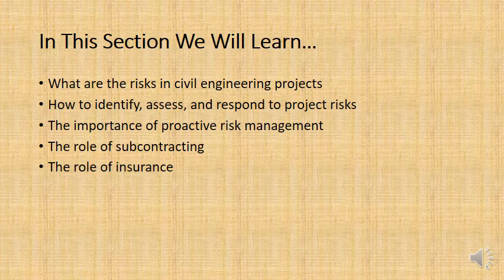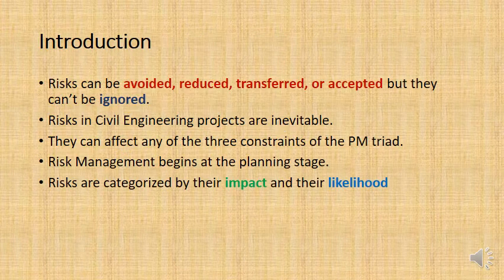And so we're going to talk about the importance of being proactive rather than reactive in our risk management. If we can plan ahead of time, if a risk occurs, if it eventuates, do we have a plan set in place to deal with it? We're also going to talk a little bit about subcontracting and insurance as 2 ways of managing risk.